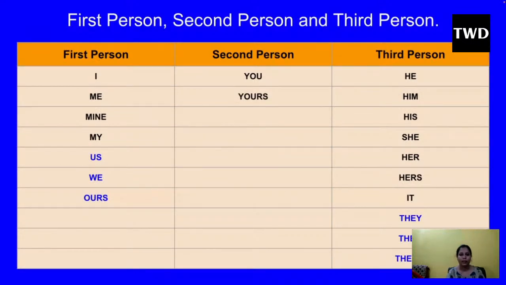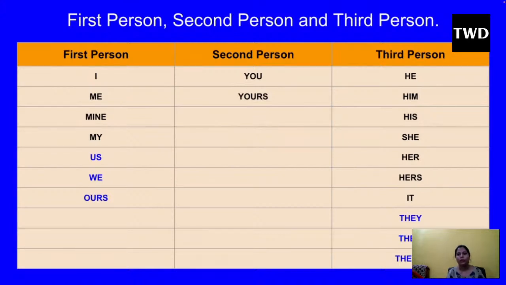So here we have the table. Please go through this table very carefully. Under first person singular pronouns, we have I, me, mine. Then we have we, us, ours. These are plural first person pronouns. For second person, we have you and yours. We don't have singular or plural here because we use you for both a single person and a group of people.